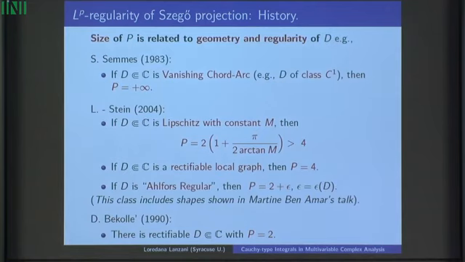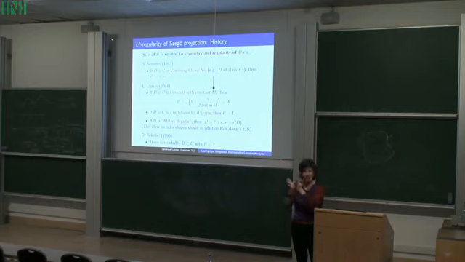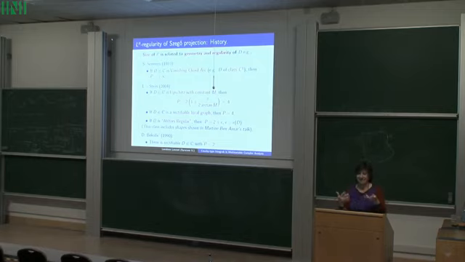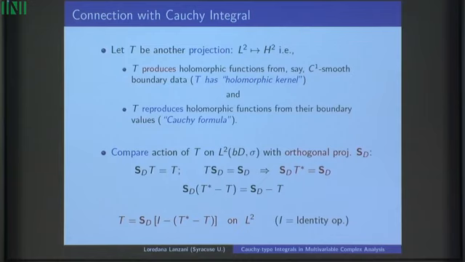But you can see that as we reduce the regularity of the domain, the size of this range shrinks. It would be good to know, we don't, if the size of the range is an indicator of some specific property of the boundary. For a long time, we thought that there was some notion of turning of the boundary curve that had to do with this size, but we were never able to pin it down.